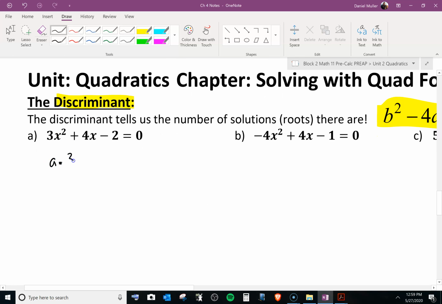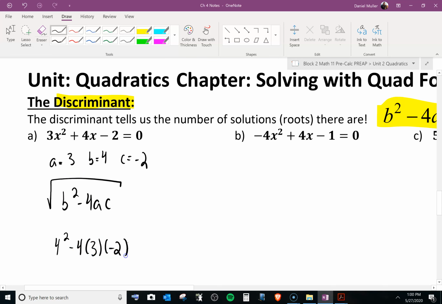So I'm going to write A is 3, B is 4, and C is negative 2. We could put it into the whole formula, but we're just looking at the discriminant, b squared minus 4 times a times c. Remember, that would have been inside the square root. B squared is 4 squared minus 4 times a, which is 3, times c, which is negative 2.